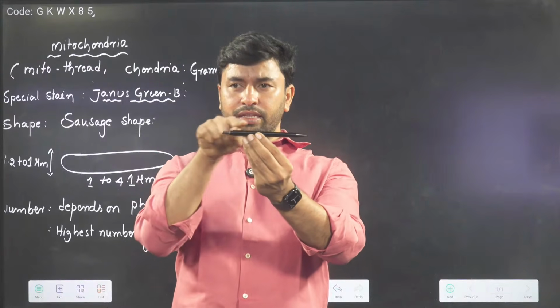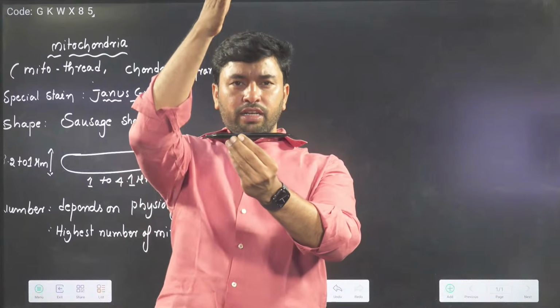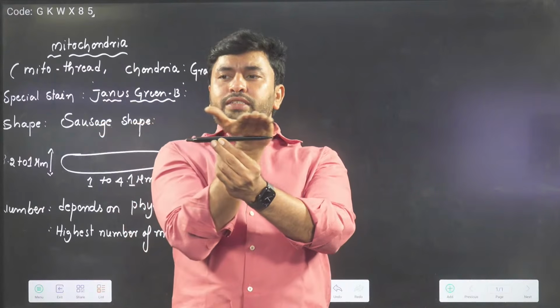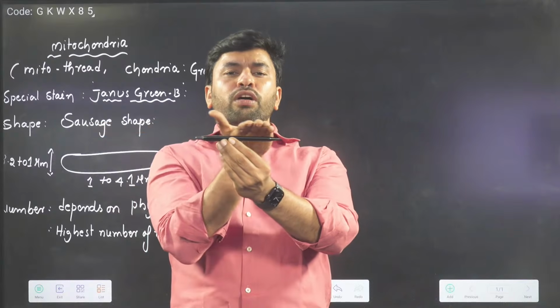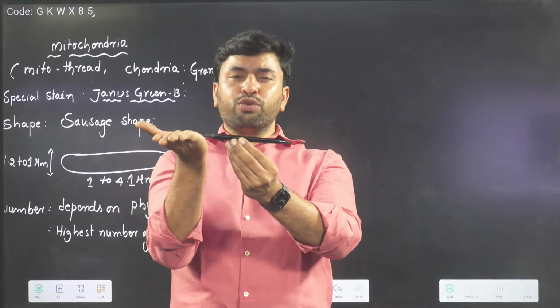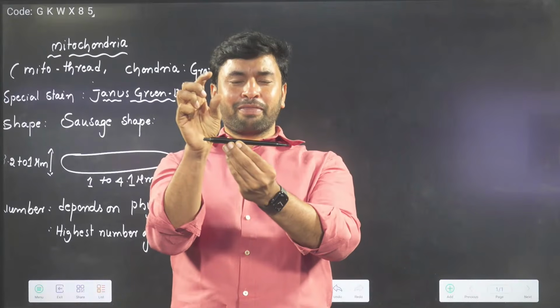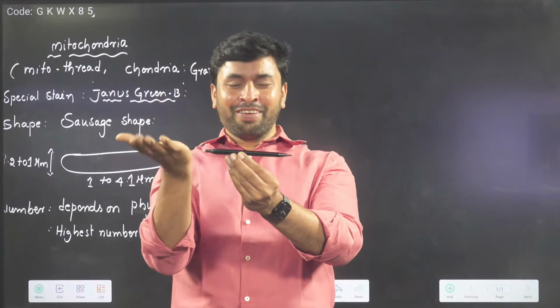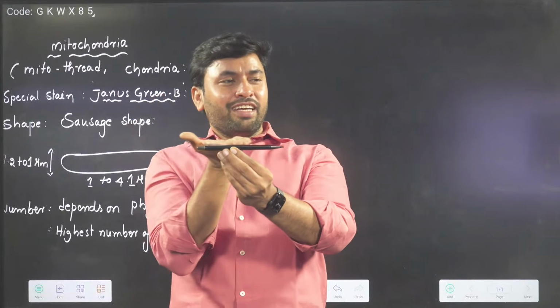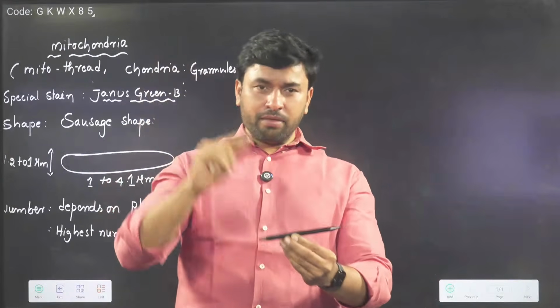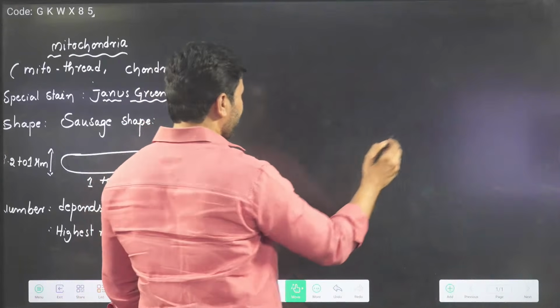A sausage is a lengthy body, so instead of cutting it lengthwise, I am going to cut it across, into slices. Or take a lady finger, the vegetable, and cut it transversely. How will it appear? The same appearance I am drawing here.